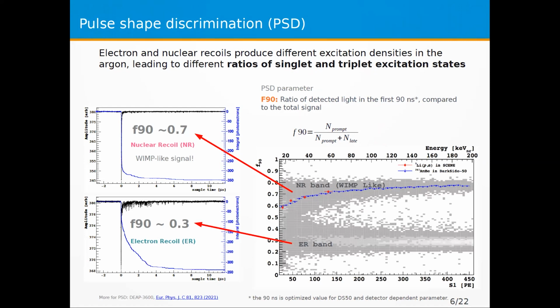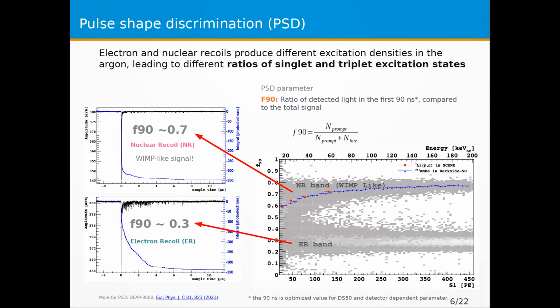So with this pretty straightforward technique, we can easily distinguish between what happened inside. Was it the electron, or maybe a particle that could be a WIMP?